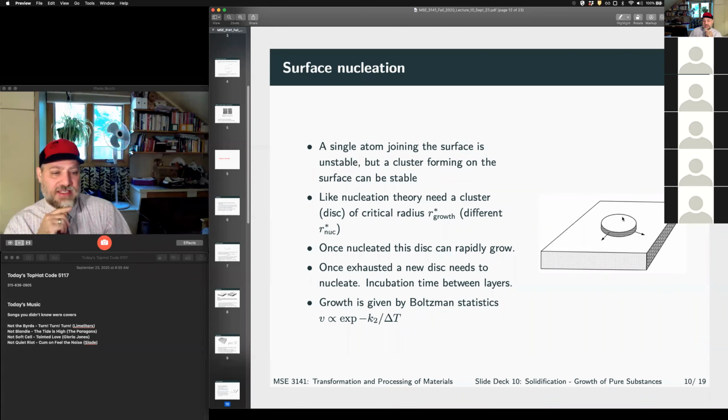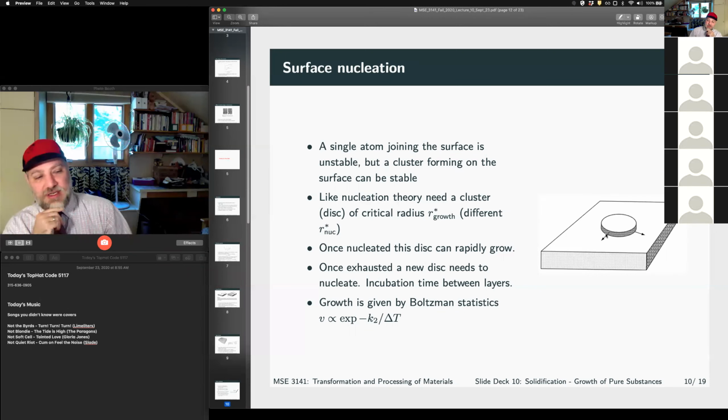So the critical radius to nucleate one of these growth clusters is different than the critical radius for homogeneous or heterogeneous nucleation of the solid directly from the liquid. But the concept is still exactly the same.